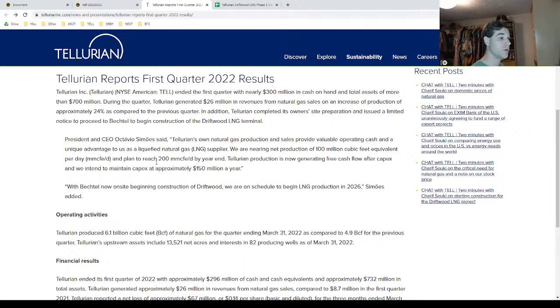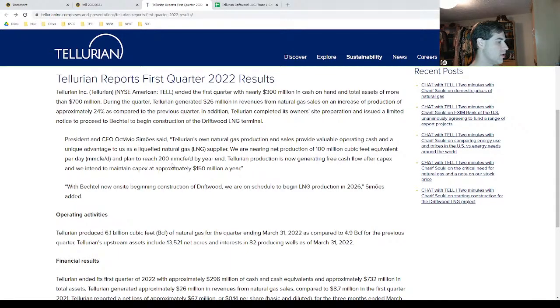Now, to remind you, Driftwood LNG Phase 1 needs 1.5 BCF per day of feed gas, if I have my numbers correct. So as of the end of this year, they'll have 0.2, which would be slightly more than 10%. What I did today for my model was look at the concept that they're going to do their upstream production themselves, which allows them to control the cost of the gas.